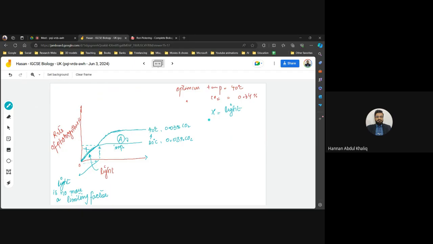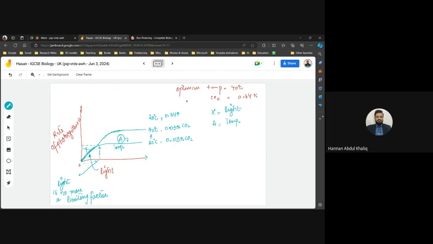For point A, the temperature is the limiting factor. Let's consider another possibility. Suppose we don't raise the temperature, we keep the temperature lower, but we increase the amount of carbon dioxide.